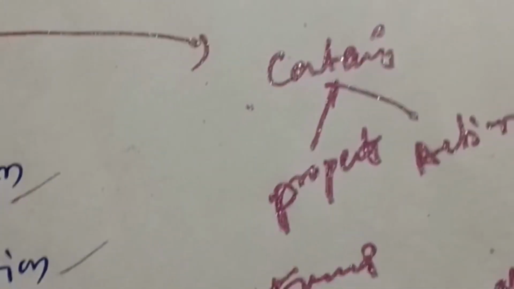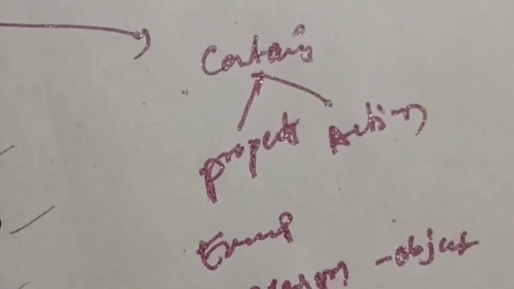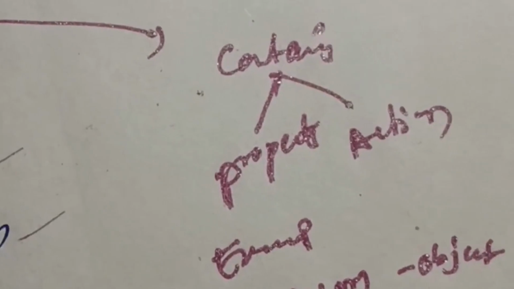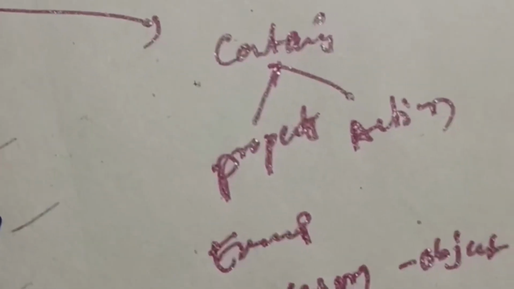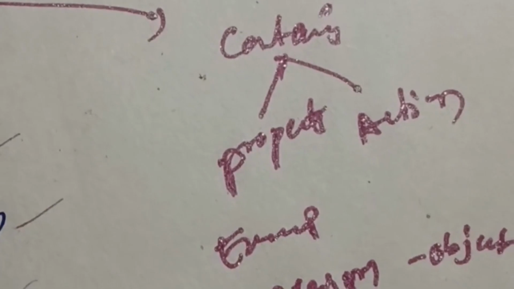What is a property? Name, height, weight. These are called properties. The properties are known as variables.